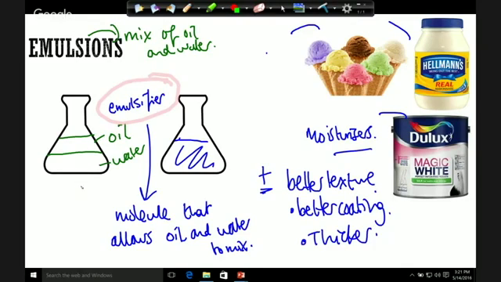Oil and water on their own are actually quite thin, but if you add that emulsifier, it ends up with a thick substance, and this gives things the properties of a better texture and better coating overall. So a few more things that we need to know for higher. For foundation, as I said, we need to name them, remember the advantages of making an emulsion, and also remember this word emulsifier. For higher tier, we need to go into a little bit more detail.